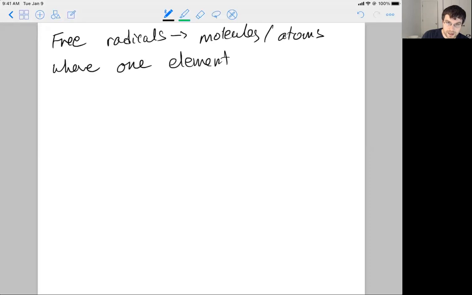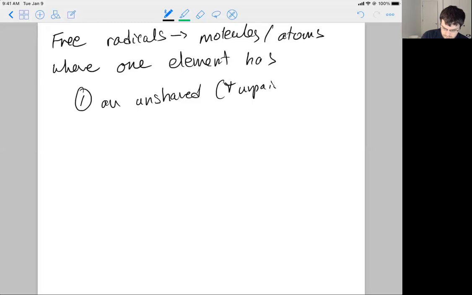There can be many elements, but it gets complicated when there are multiple elements. So an unshared, an unpaired valence electron. And so that would be like this. So that's what a free radical is.